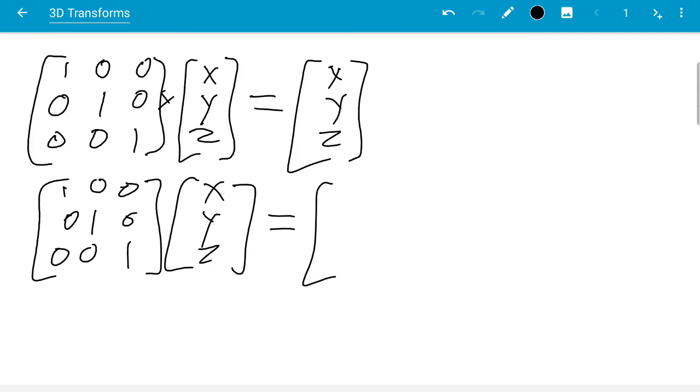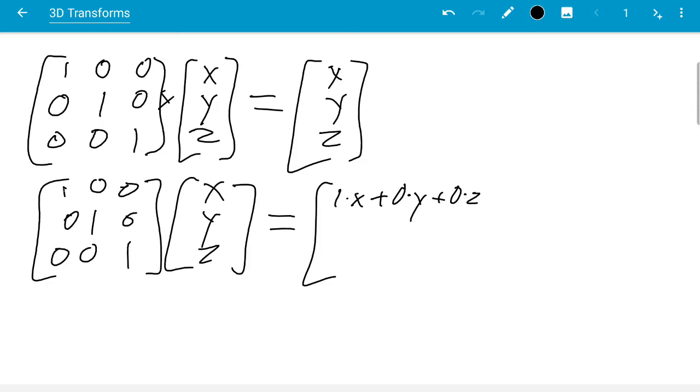And the column vector is never going to change. It's x, y, and z. So we want to match up the first elements. The 1 is multiplied by the x, so 1 times x. Then we add to that 0 times y, the next element from the row and the next one from the column vector. Plus the third ones, 0 and z, so 0 times z.